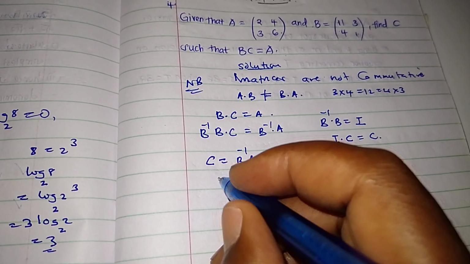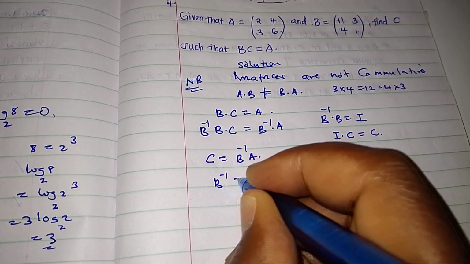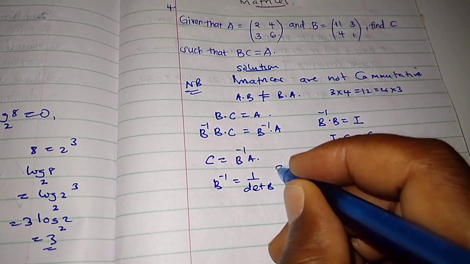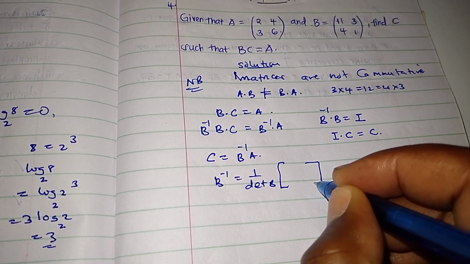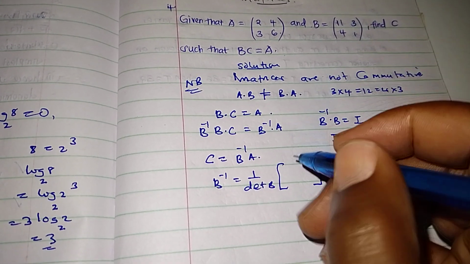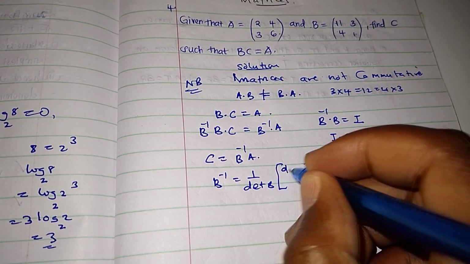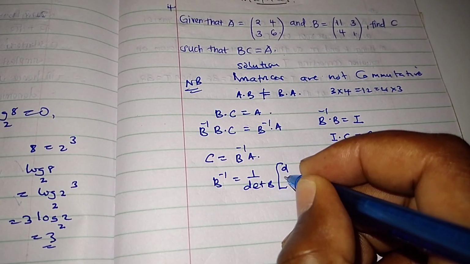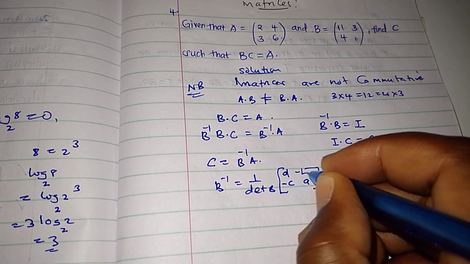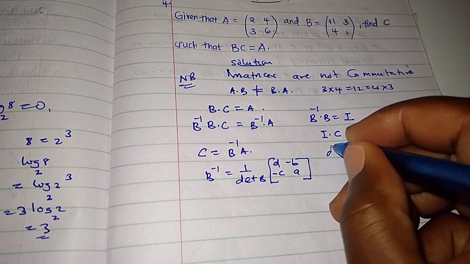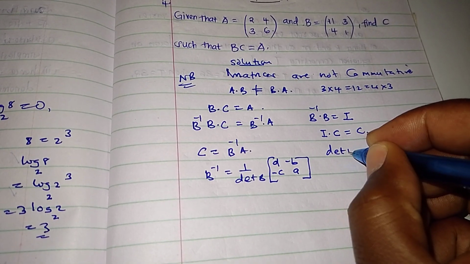So very quickly, to get the inverse of B, we have to get 1 over the determinant of B, and then we take the adjoint matrix of that. Here we have the general formula for the inverse of the matrix. You know how to get the determinant of any given matrix.